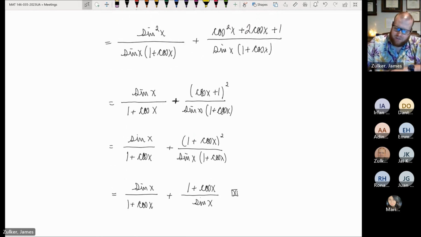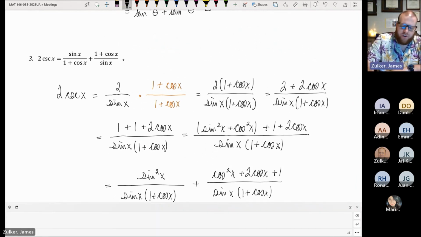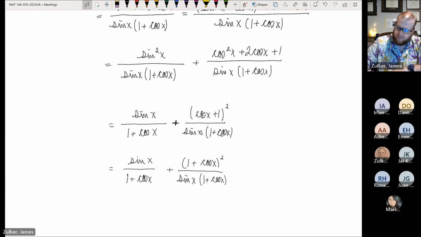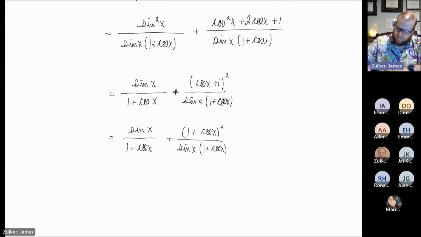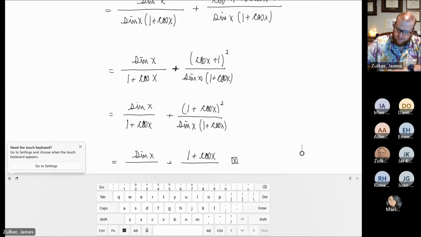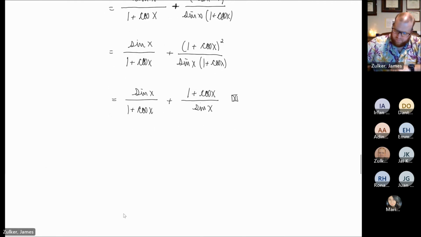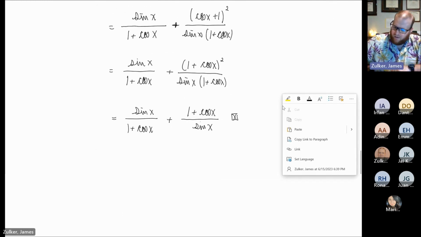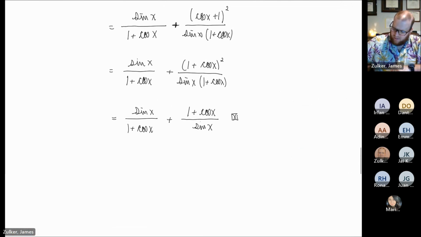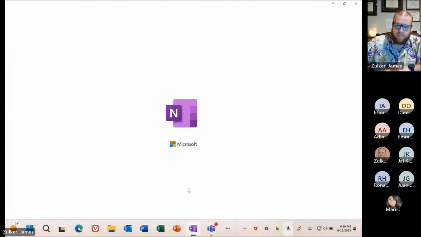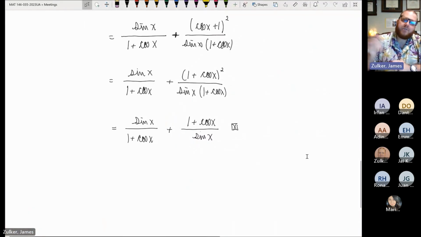Right now, you should notice that if you started with the right-hand side, let's try that again.